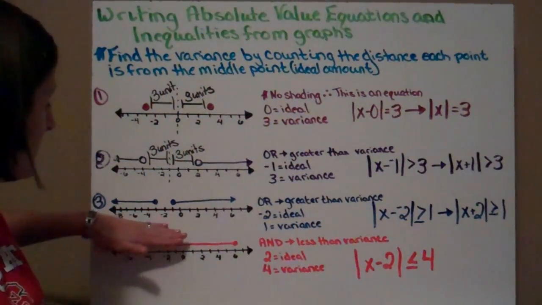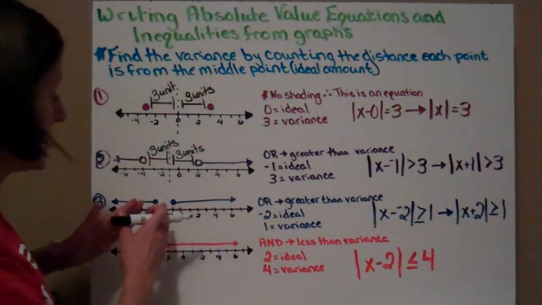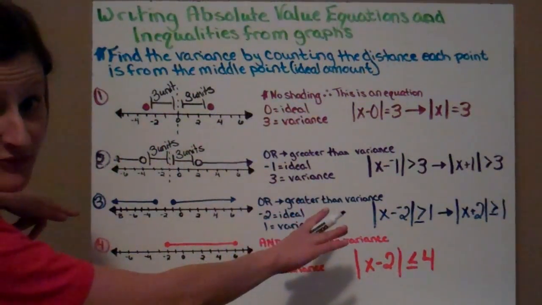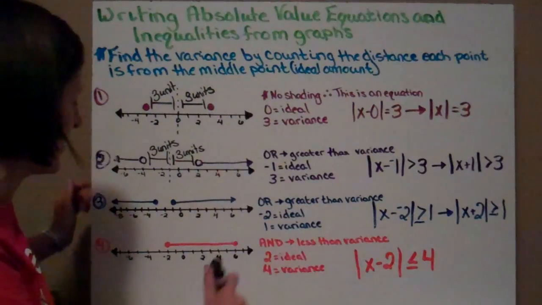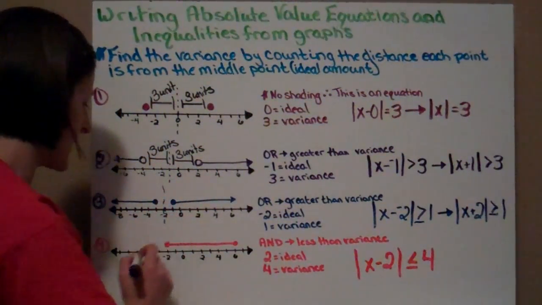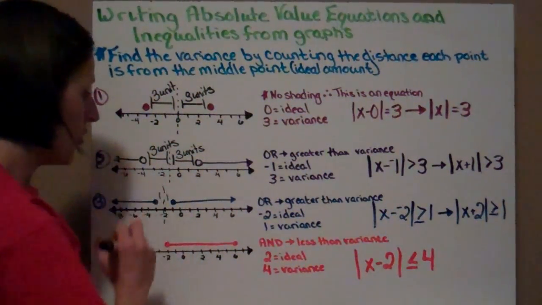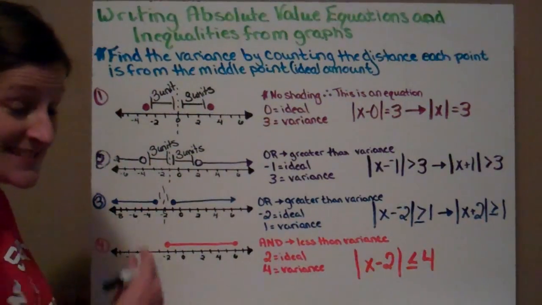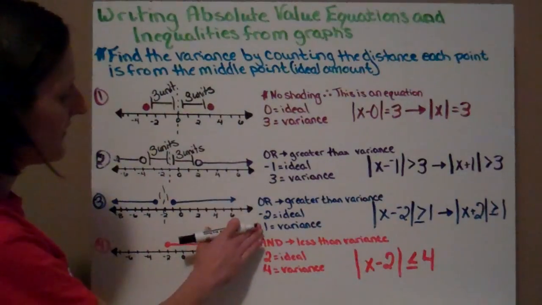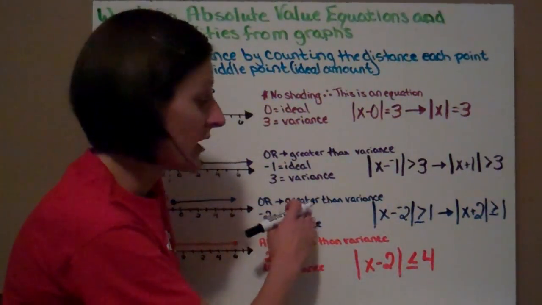Okay, this third one, the first thing I need to look at is it's a greater than because I have 2 inequalities going out, and notice it's going out away from the ideal, so it's greater than the variance. The middle is going to be right here at -2. Now notice, they're both 1 unit away from the middle, the ideal number. So my ideal is -2, my variance is 1, and I've got an OR statement, so it's greater.